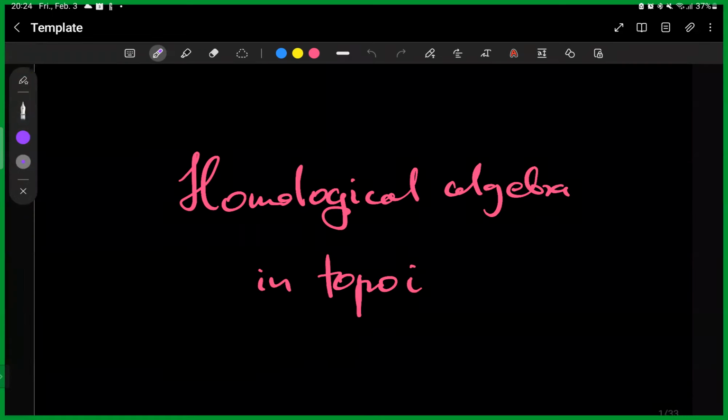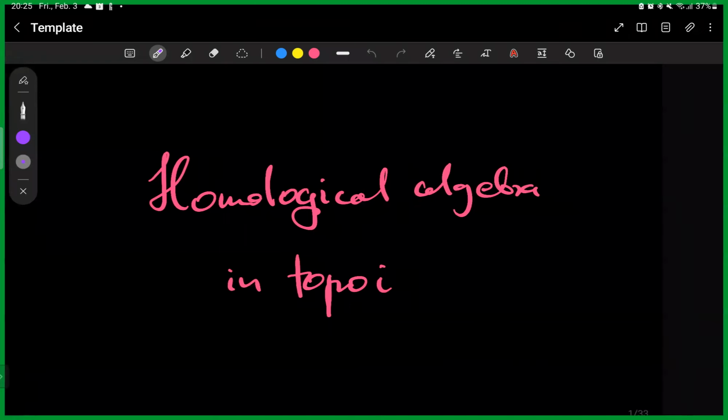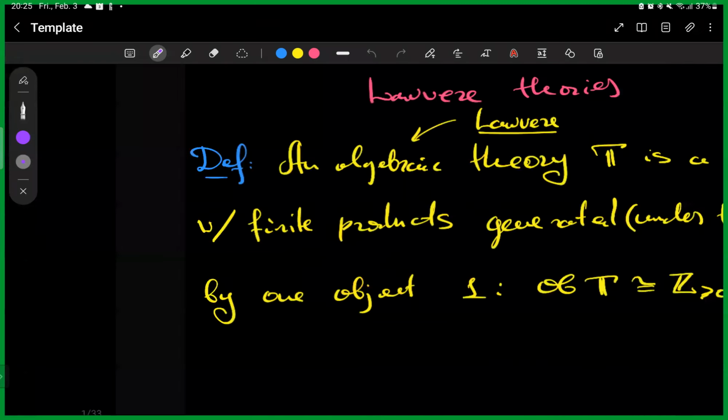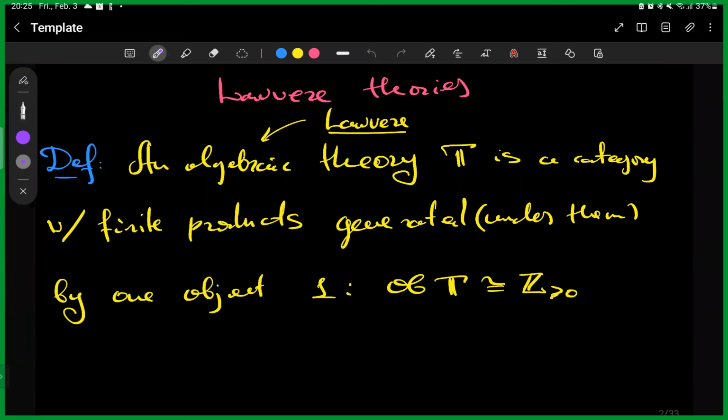But in general, under some conditions, like sufficiently many injective objects, what I will say goes through for an arbitrary elementary topos. Okay, so let's start from a short introduction to Lawvere theories.